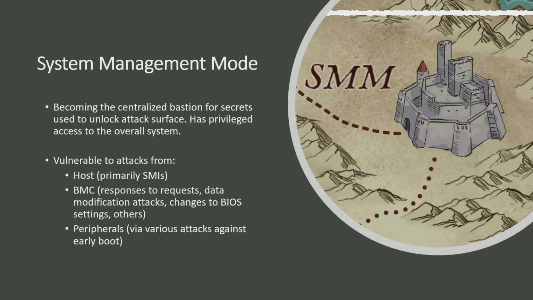So there are paths, once you get root inside the BMC, to poison responses that are coming back in and then gain code execution at a higher level. Generally, you don't need to do that here. The SMI interface is usually large enough that you can find the vulnerabilities you need on that side. And then peripherals are really interesting.